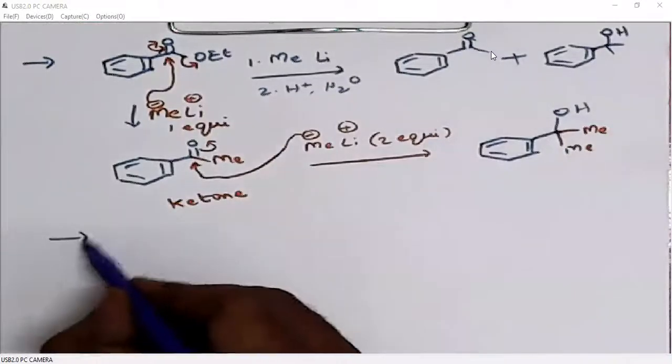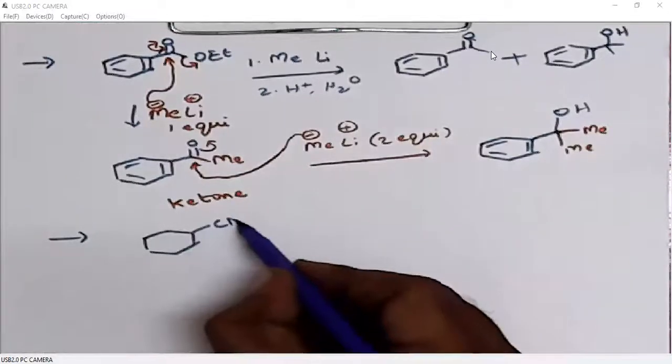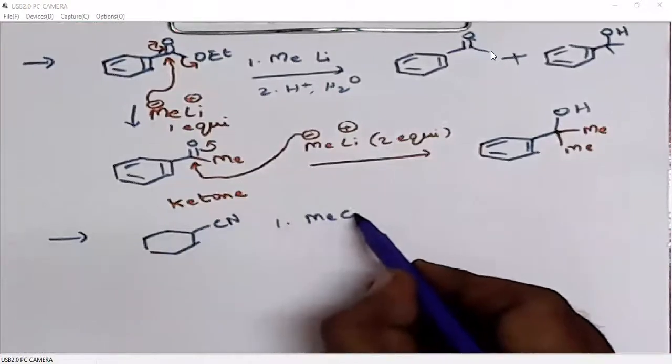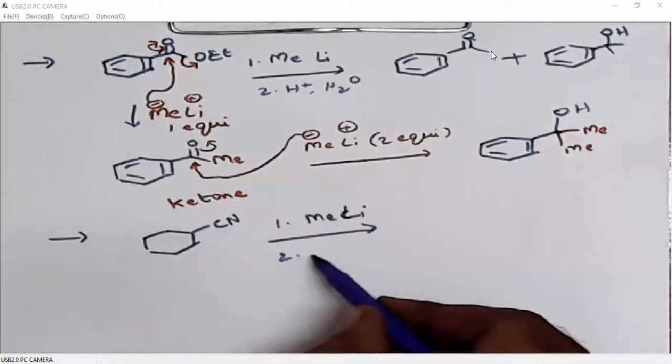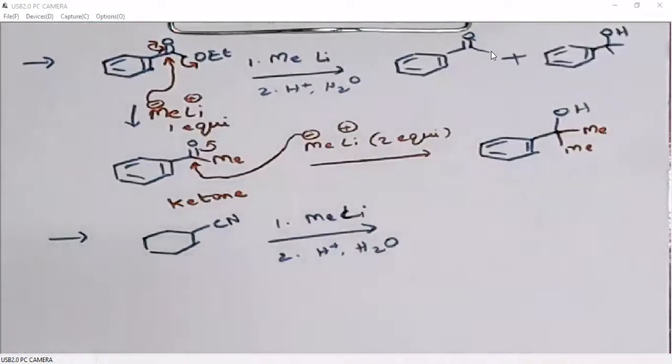In a similar fashion, alkyl lithium reagents will undergo nucleophilic addition to nitriles. Generally here, the reaction mechanism is similar to Grignard reagents.